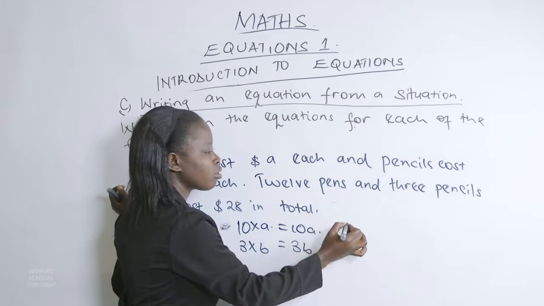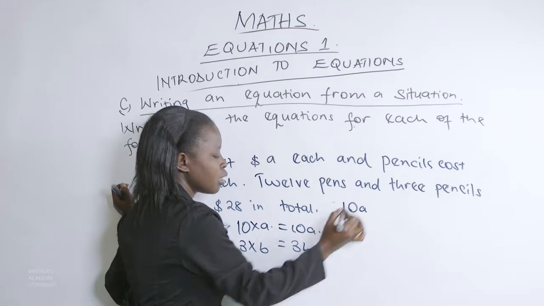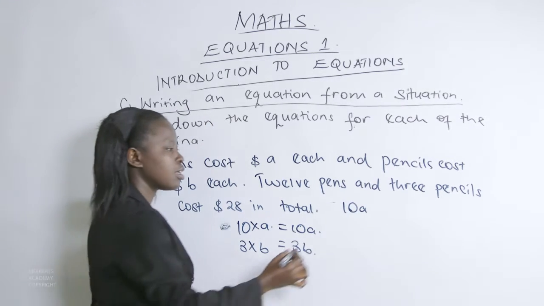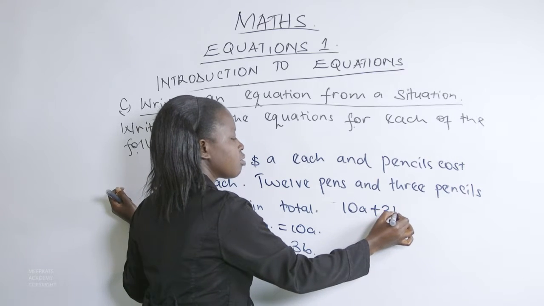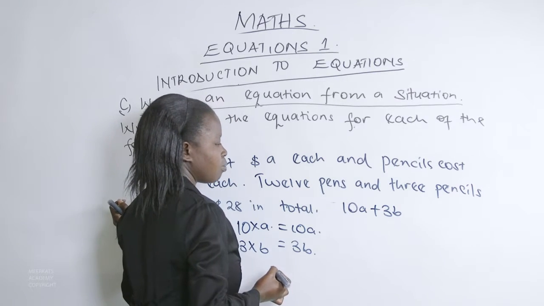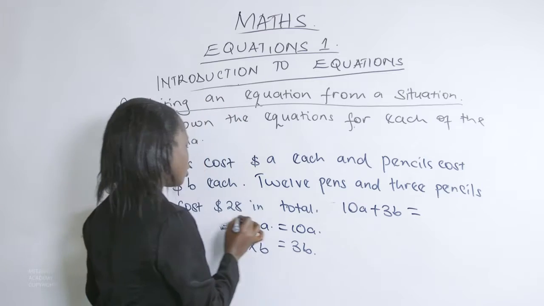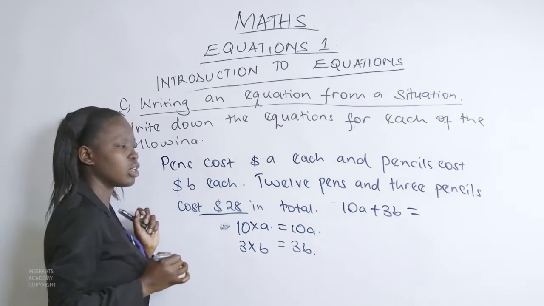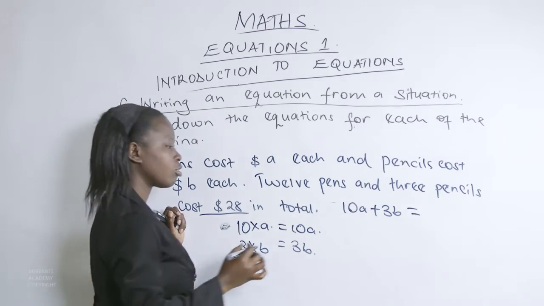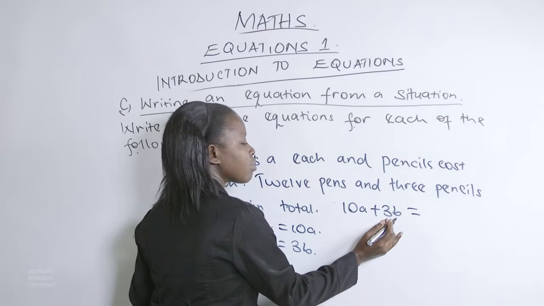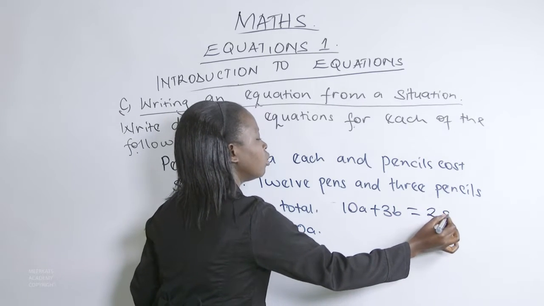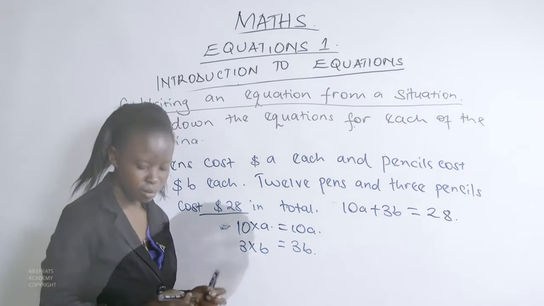The cost of pens is 10A, the cost of pencils is 3B. So 10A plus 3B is equal to, we are being told they cost $28 in total. So 10A plus 3B will be equal to 28.